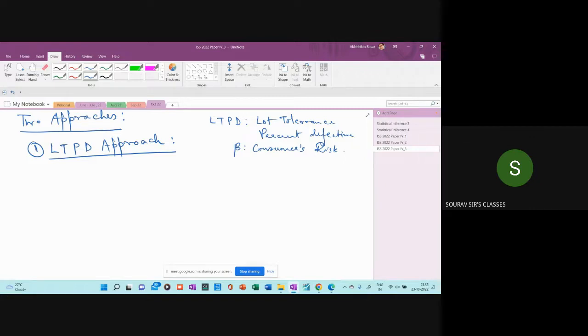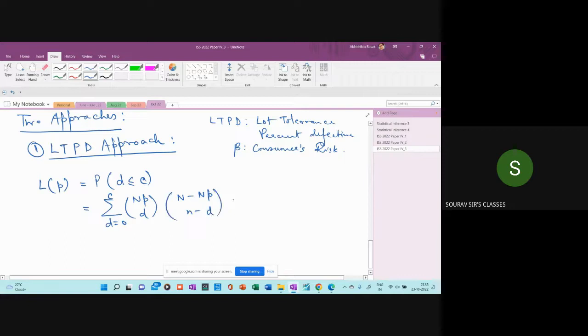And now we are going to find the OC curve, which is my Lp, or OC function rather. So this Lp is basically the probability that D is less than or equal to C, that it is accepted, and the non-conforming ones are replaced by conforming ones. So that is the summation over D running from 0 to C of NPC D times N minus NP C n minus D, divided by N C n.